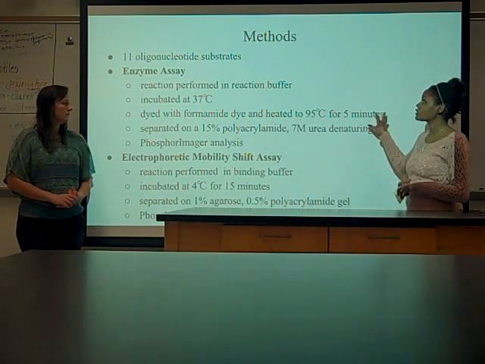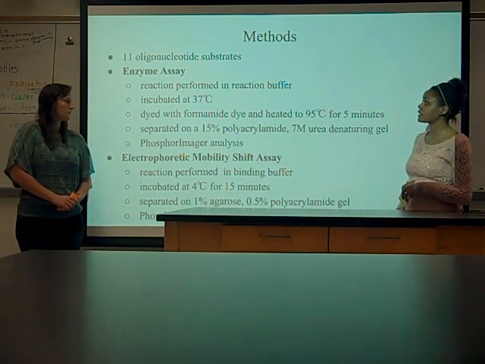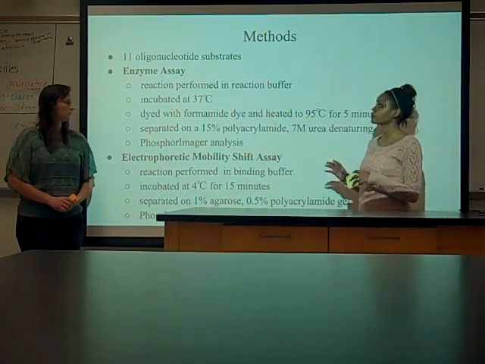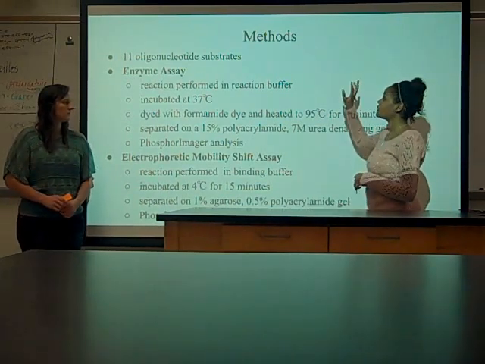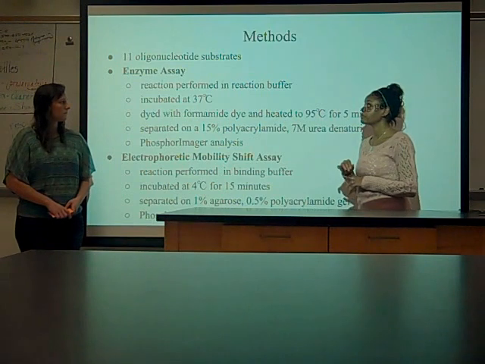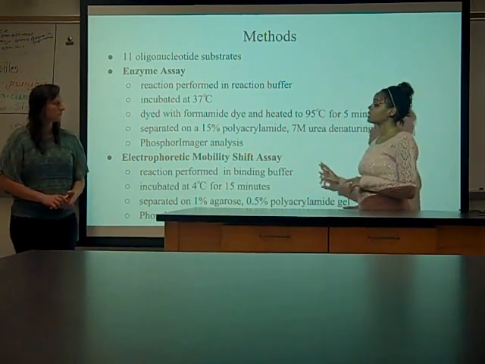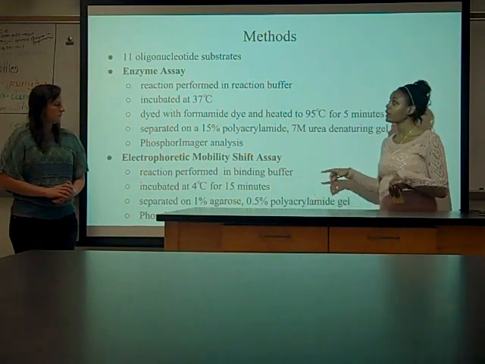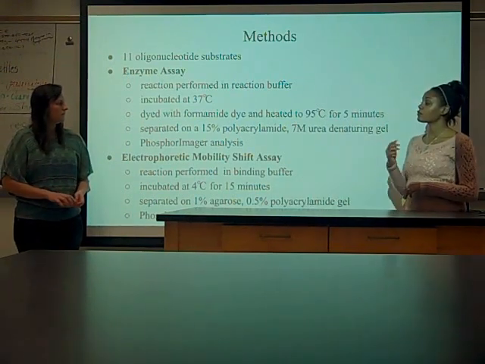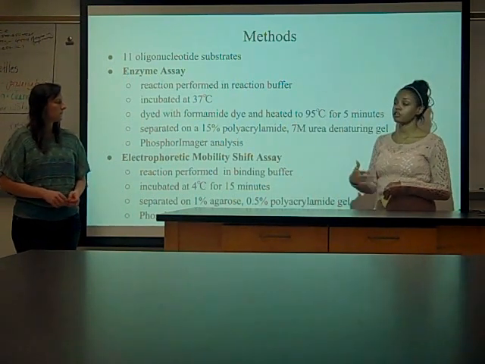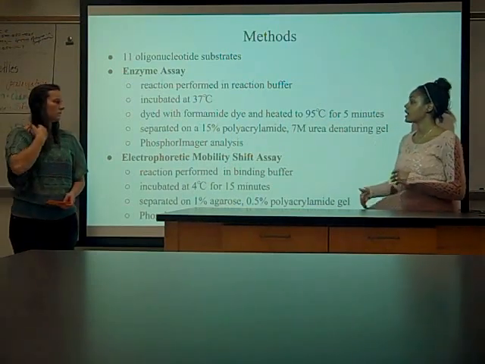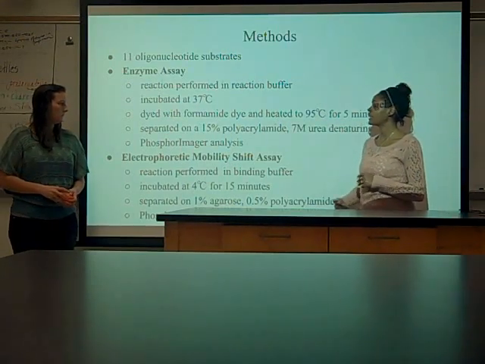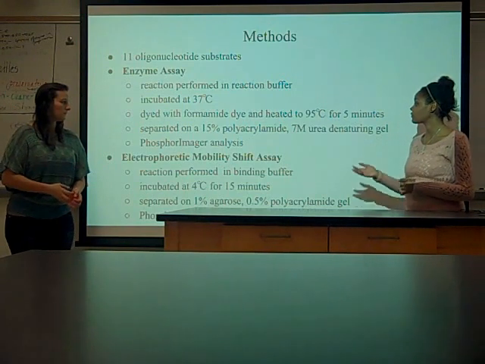What I'm going to do first is go over the methods that they followed, watered down in an overview. They used 11 oligonucleotide substrates, and they did 2 main assays, an enzyme assay and an electrophoretic mobility shift assay. In the enzyme assay, they performed the reaction in a reaction buffer, incubated around 37 degrees, stopped it with a formamide dye and heated it at 95 degrees for 5 minutes.